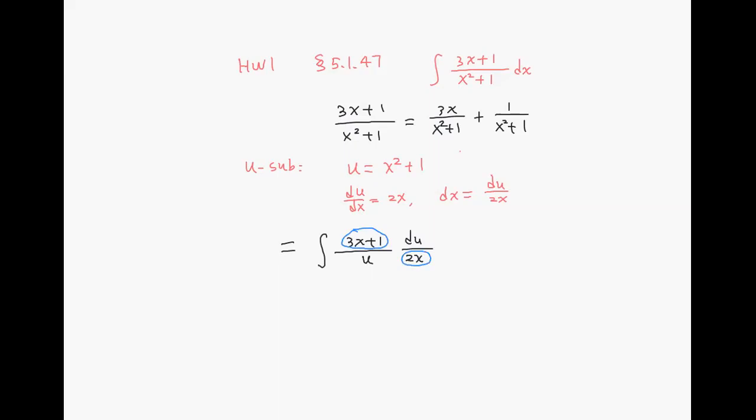and the denominator has 2x. However, here is how the algebra can come into play, because we can separate this into 3x over u plus 1 over u, and then du over 2x. Okay, that means 3x over u du over 2x plus 1 over u du over 2x.